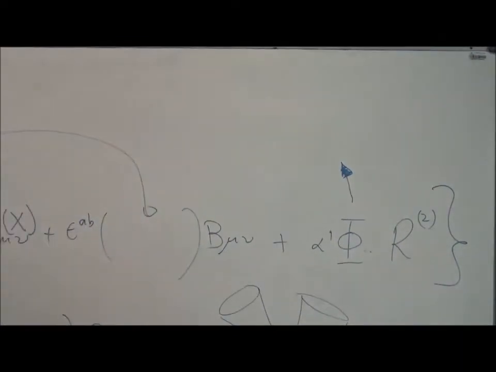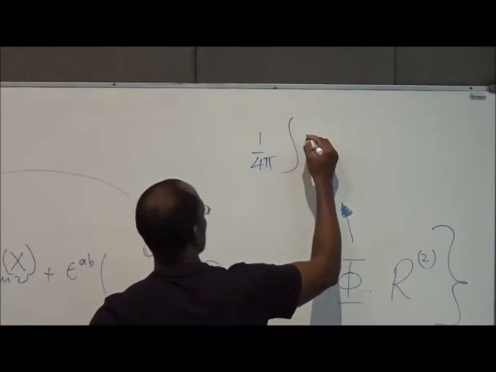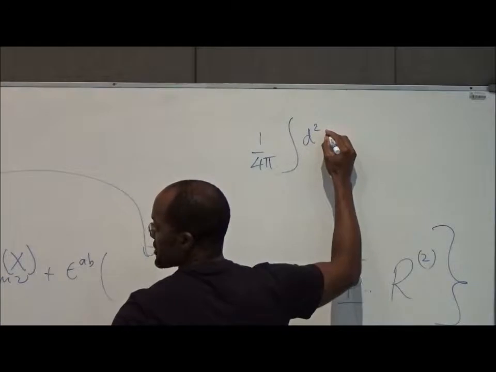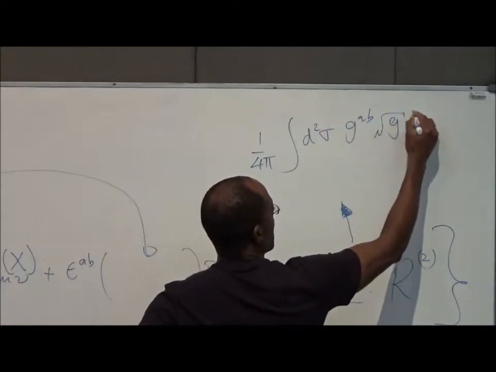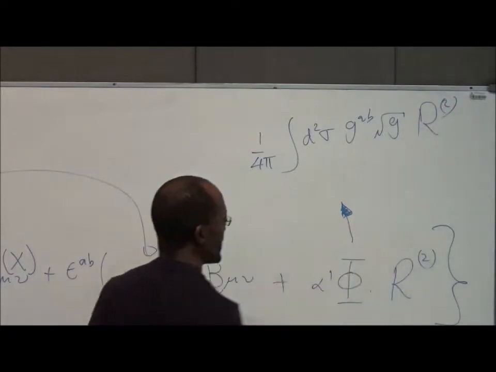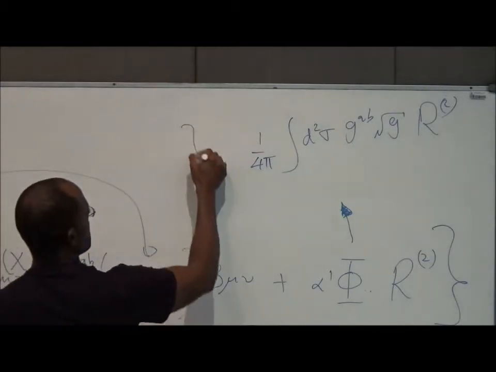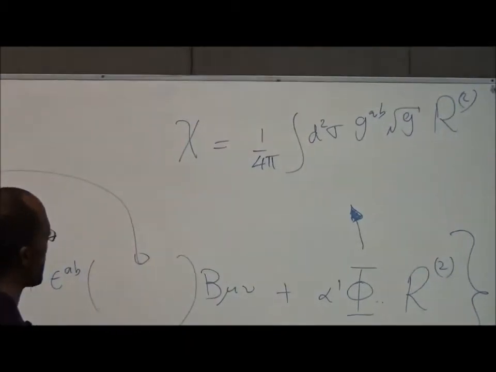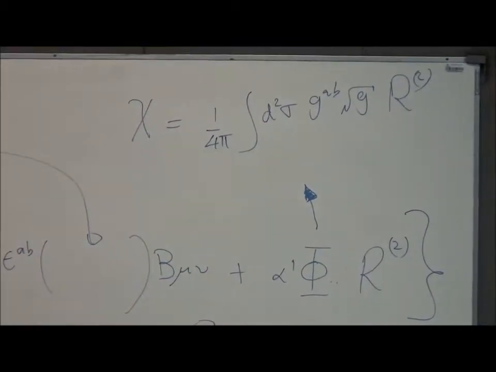The Euler number in 2 dimensions is 1 over 4 pi times the integral of the curvature. Right, the topological invariant that's playing a role here is this. Okay, and you can see that the dilaton is, so I think I've normalized this correctly, this is the Euler number. And the dilaton is actually coupling to the Euler number. So the dilaton is in fact telling us how strong the string coupling is.